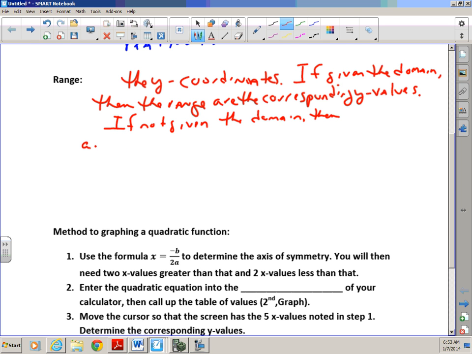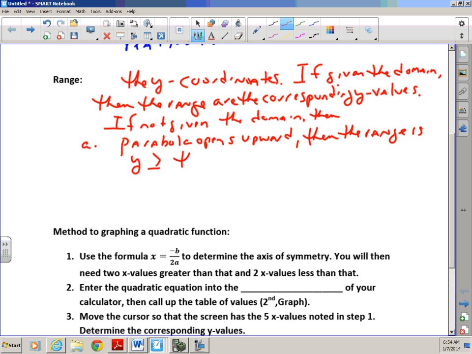A, if the parabola opens upward, and remember that's if a is positive, then the range is y is greater than or equal to the y-coordinate of the vertex.